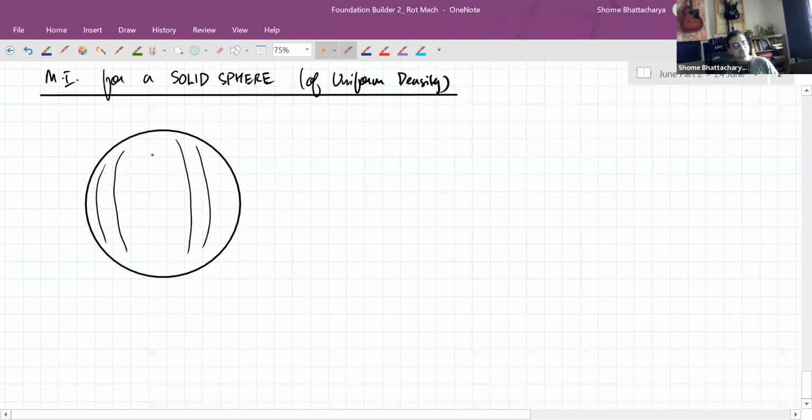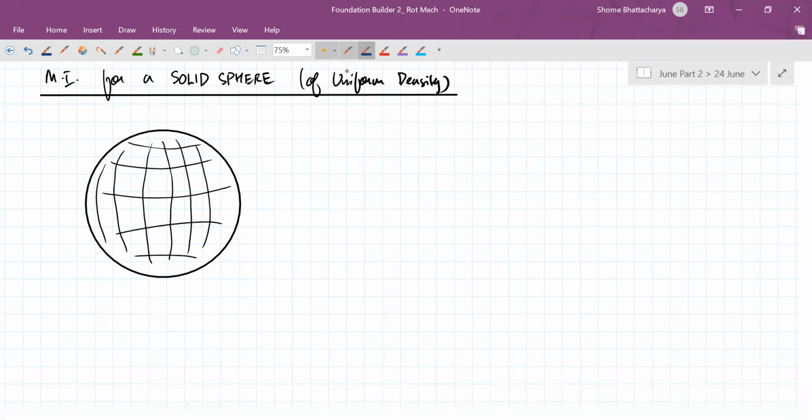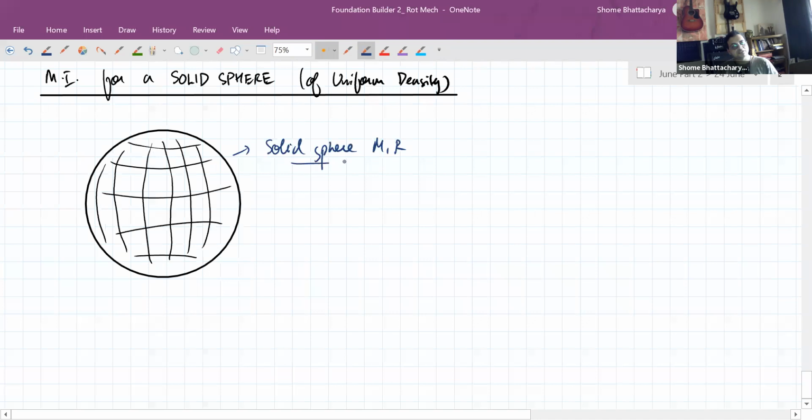So same spherical shape as last time, but the difference is this time the mass is fully distributed over its volume. It has a uniform density instead of the mass being at the surface. Solid sphere of mass m, radius r. It has uniform density, so it's a volume distribution of mass. And its density will become mass upon volume.